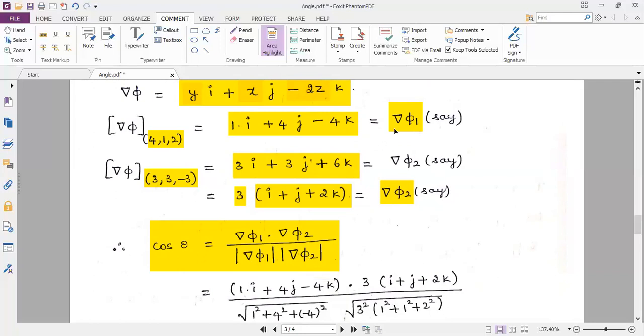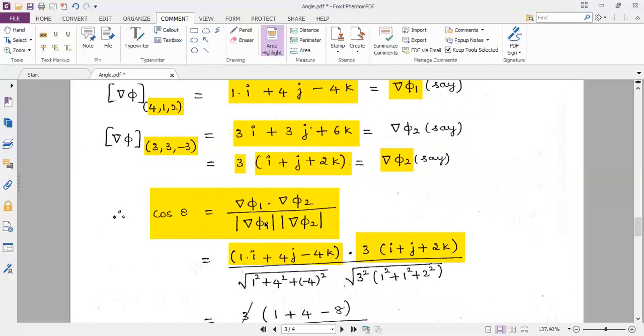Substituting, grad phi 1 is 1i plus 4j minus 4k dot product with grad phi 2, that is 3 into (i plus j plus 2k), divided by magnitude of grad phi 1.